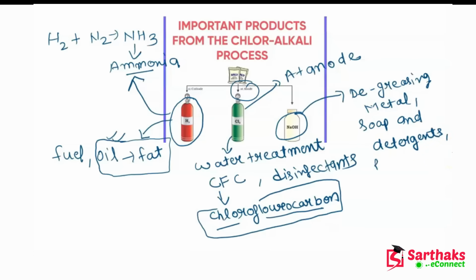This is also used in paper making. So these are the uses of the compounds formed by the chlor-alkali process. I hope this basic thing is clear to you. Now let's move on to the next slide and talk about other uses of these things.